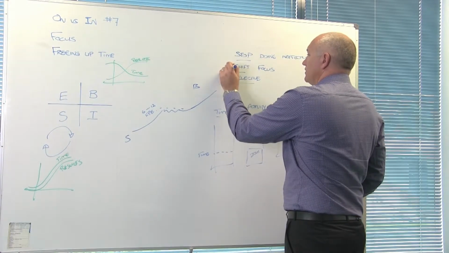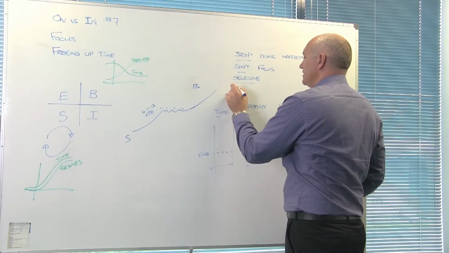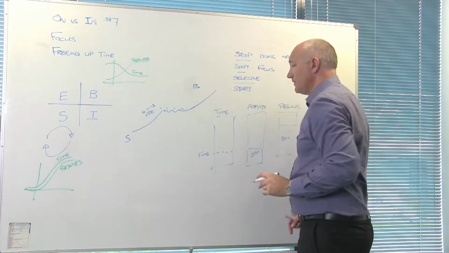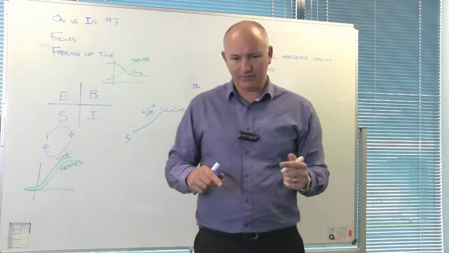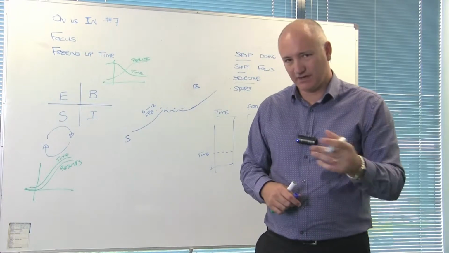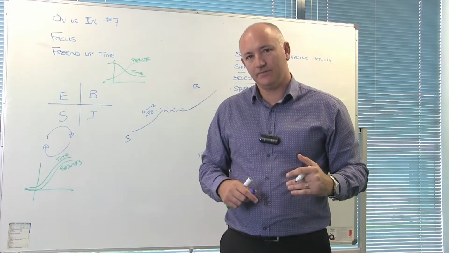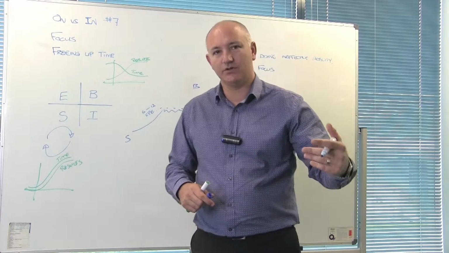And so: stop, shift, selective, and start. So start working on the stuff, find a way to. Quite often people say, well, I haven't got enough time to start working on the stuff that's important. Well, you kind of haven't got enough time not to. You actually have to step into it.